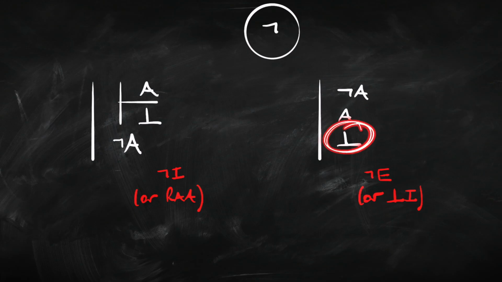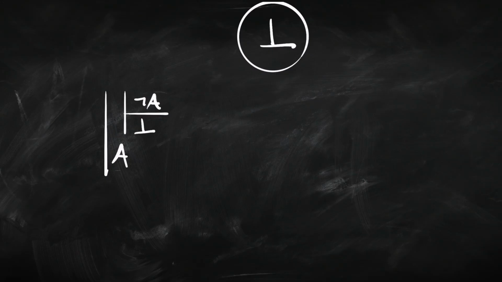Now, because we've introduced this new primitive sentence, the falsum, into our language, we're going to need some rules for it. These ones don't quite correspond to the introduction elimination rule paradigm. Let's have a look at the two rules for the falsum constant. The first one looks a little bit like our reductio ad absurdum rule, but it's different.